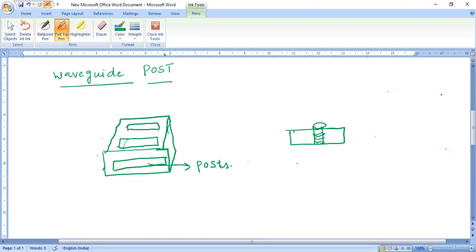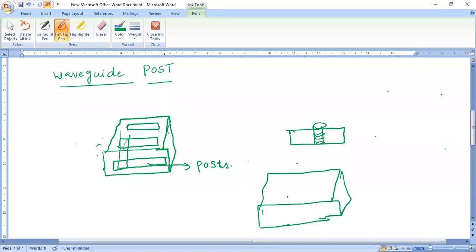So parallel to the electric field, which adds an inductive susceptance. Perpendicular to the electric field, I'll draw one more figure later without confusion. This is a waveguide. If we are placing that metallic sheet parallel to the electric field lines, it gives inductive susceptance.